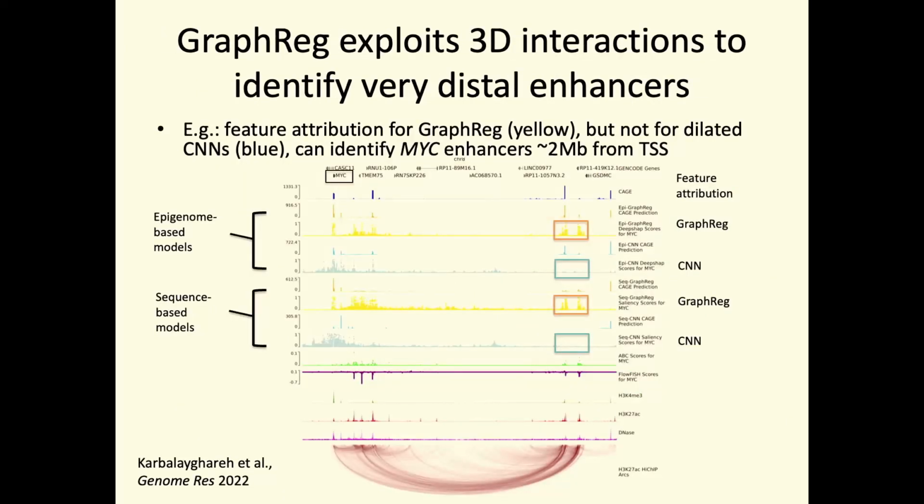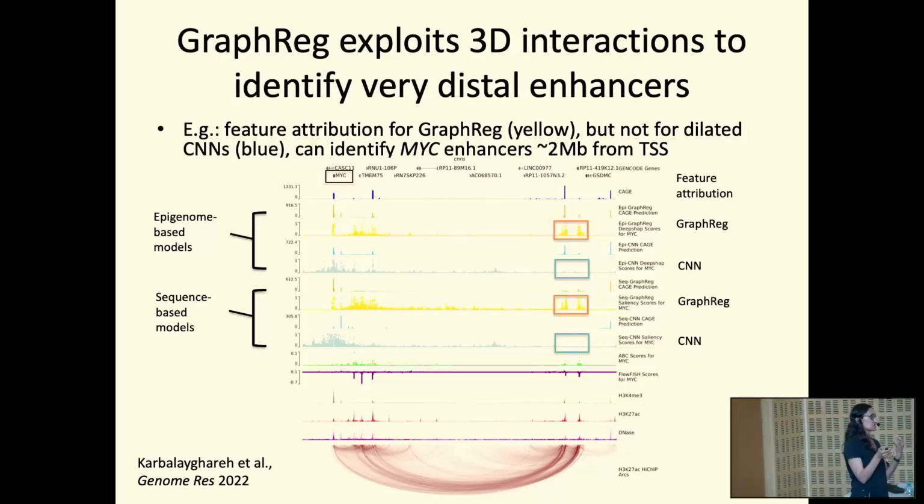All right. One figure I'd like to show is the difference between the graph attention network and dilated convolutional neural networks. This is back to the MYC gene. You remember, MYC has enhancers that are 2 megabases away, right? What I'm showing in yellow are predictions and the feature attribution for the graph attention models, if you use this 3D information.